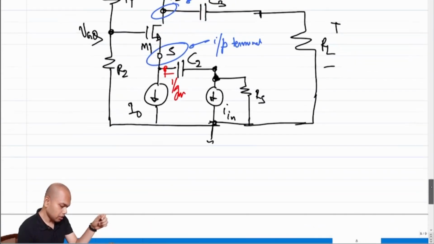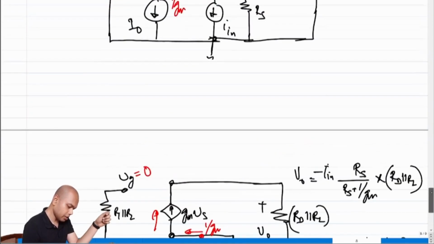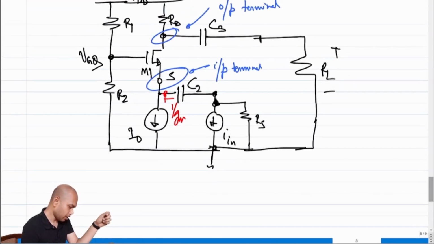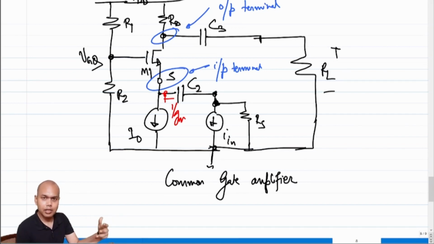So this often is called a common gate amplifier. Please recall, when I say common gate, what I essentially mean is grounded gate, right? So in this case, the gate is grounded. It's called a common gate amplifier. This is also called a current buffer.